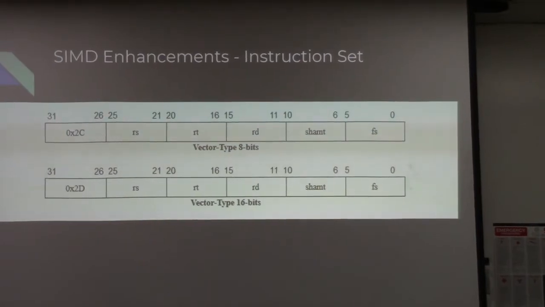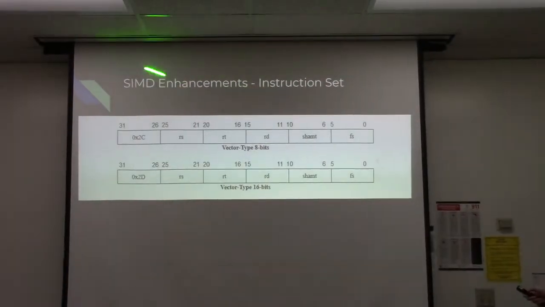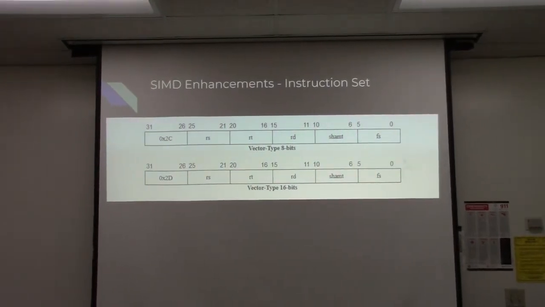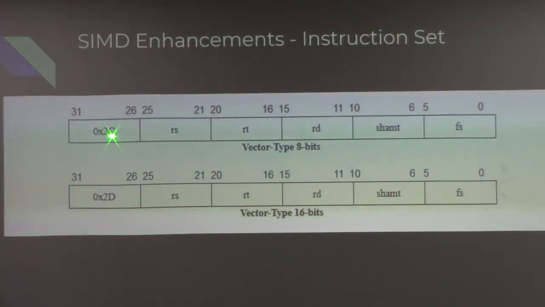So this is our instruction type for the vectors. For vector 8 bits, we check for the first 5 bits. There's a 2C for 8 bits and 2D for the 16 bits.